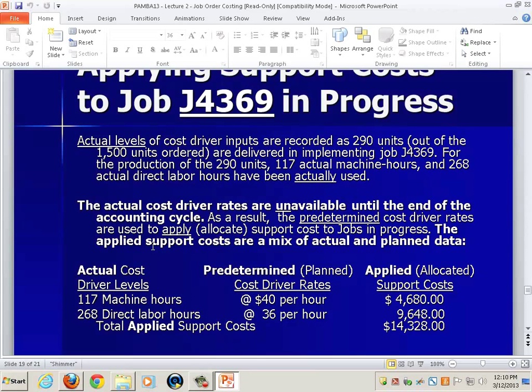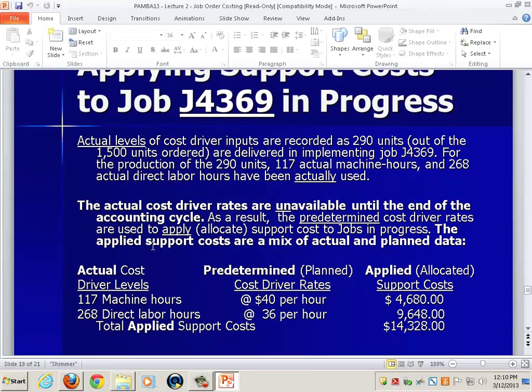So in order to cost the 290, we still have to use the estimated or budgeted number of $40 and $36 per direct labor hour. We multiply the quantities by these rates, and we get the applied or allocated support cost to the 290 units.